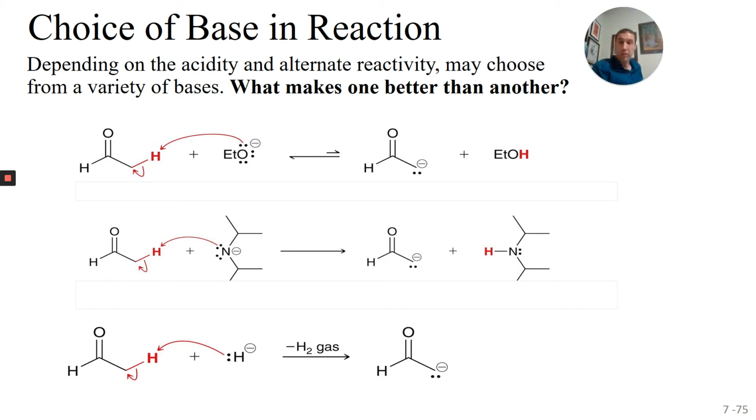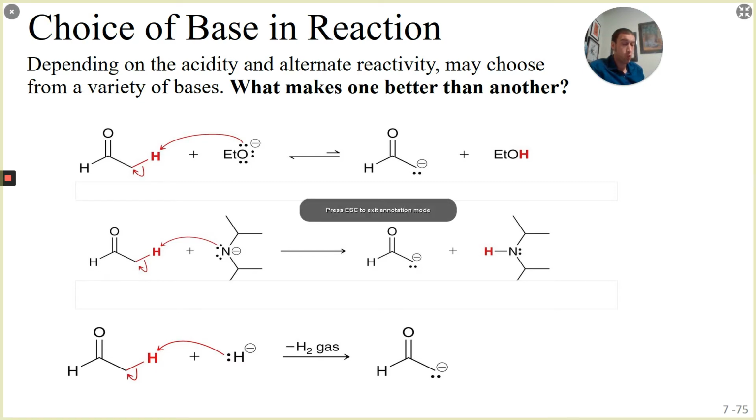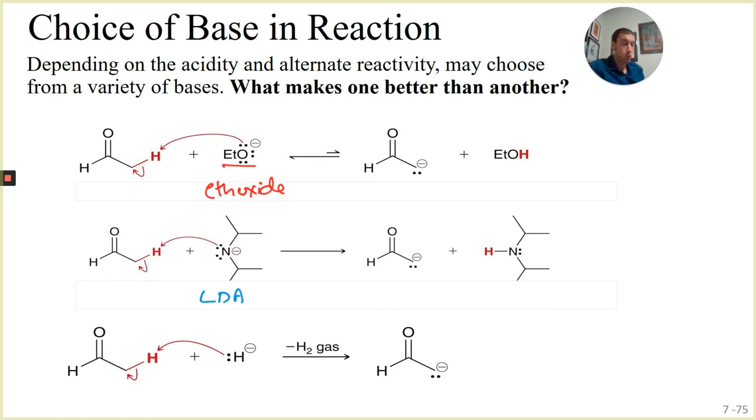If we take a look, we've got three enolate formations using three different bases. For nomenclature's sake, we could go through and name each of these, and we'll throw a little quiz question into it as well. That very first one, if we look at that base, is ethoxide. The next one is very commonly known as LDA, or lithium diisopropylamide. The lithium is not shown in this; typically it's the counterion, so we don't worry about it as much.